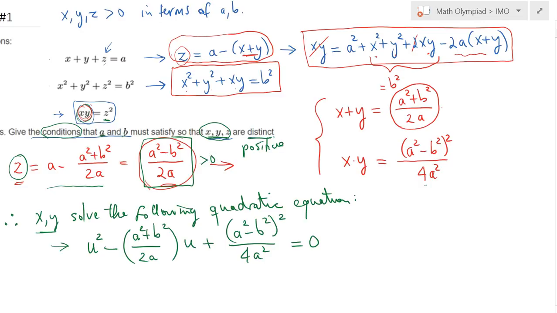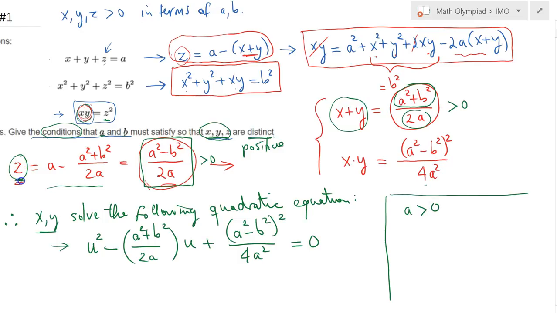That won't lead to anything so far. Let's have a look at this one: x plus y, because x, y, and z are all greater than 0, this has to be greater than 0. Look at the numerator. That's positive, so the denominator must be positive. So let's make note of this in this box: a has got to be greater than 0.